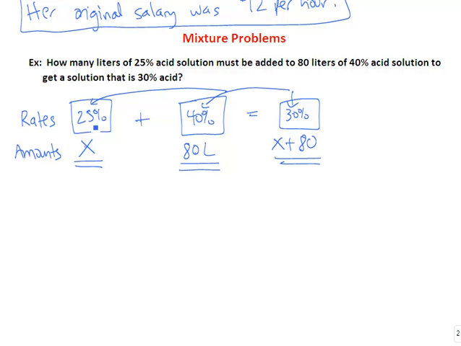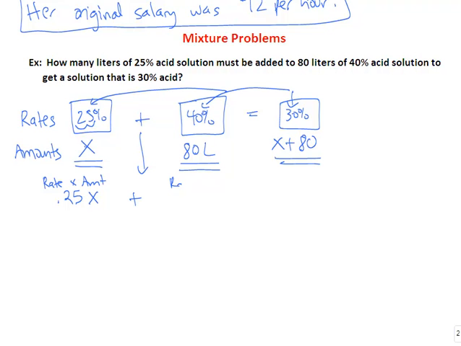So I'm going to change this 25%, move the decimal 2 spots to the left, so that becomes a rate of 0.25 times the amount x. So this is rate times amount.